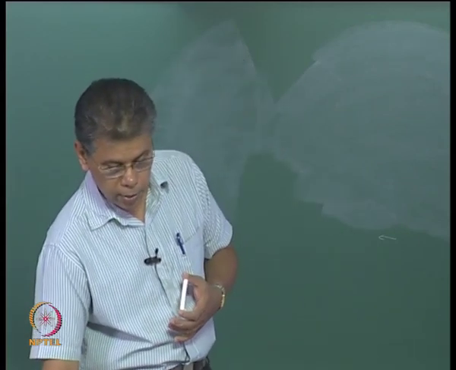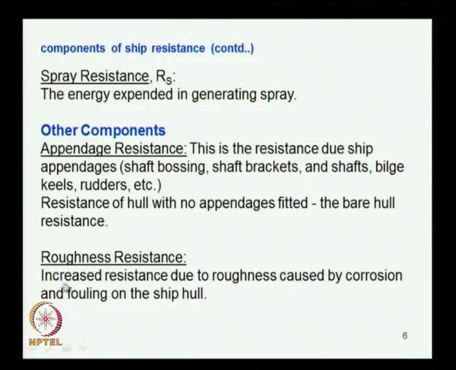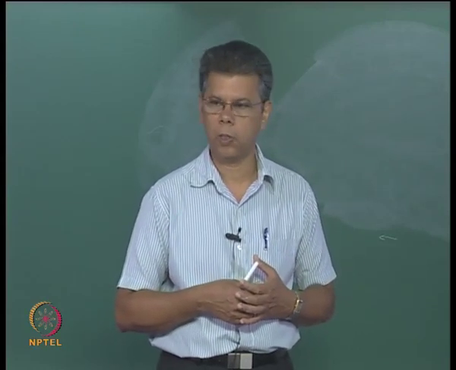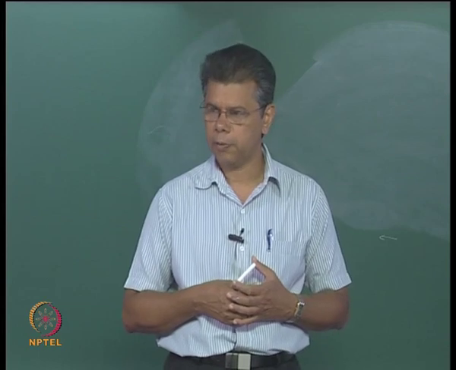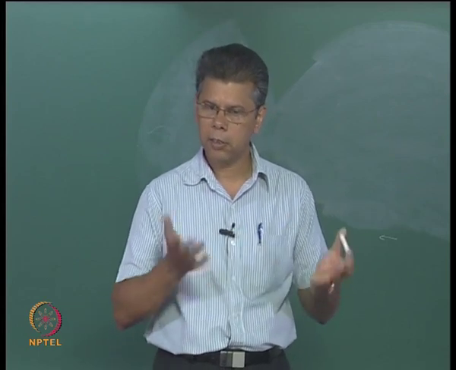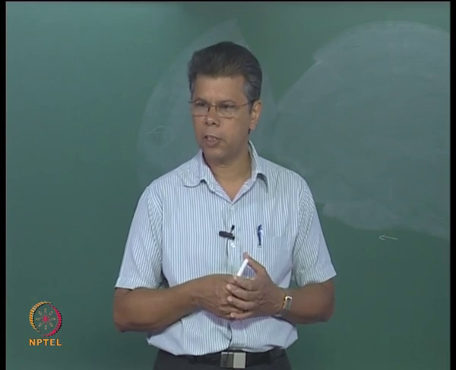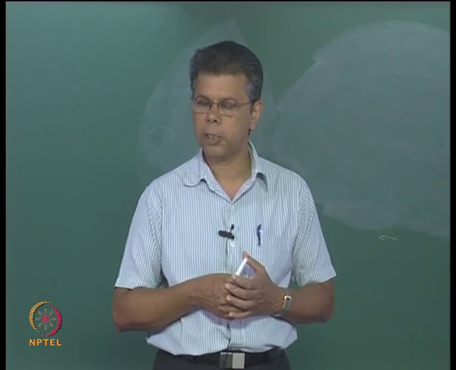Another thing is roughness resistance. You know that a ship put to operation in the sea will be subject to corrosion, because steel ships are generally highly sensitive to sea water, resulting in corrosion, and corrosion increases the roughness of the ship hull.